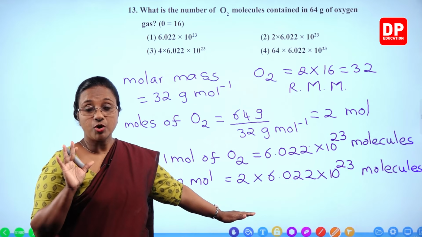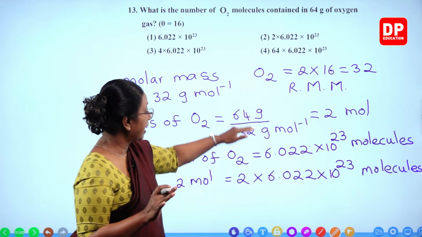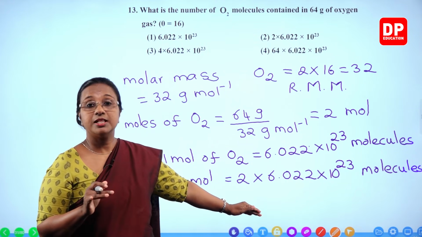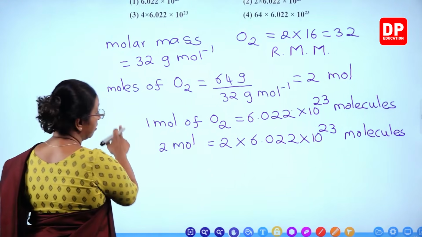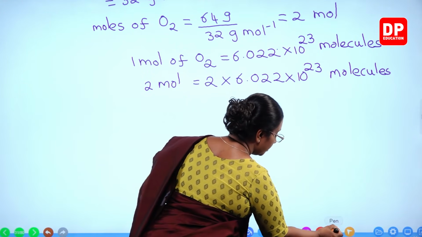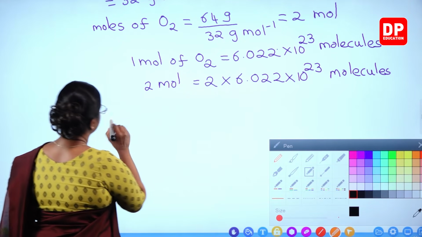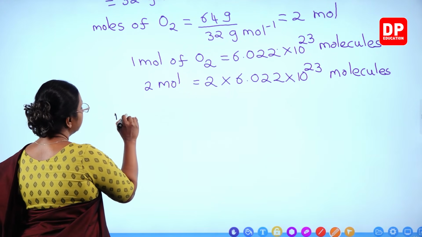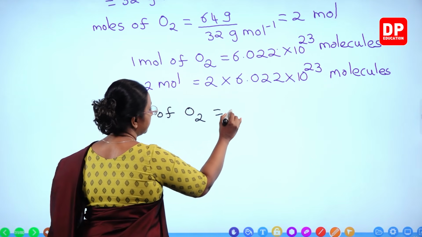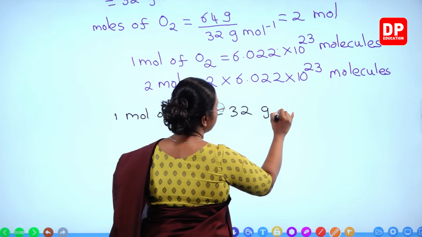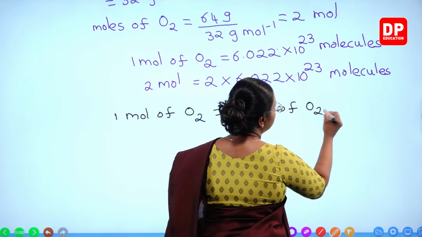If you are clear with the concept, you can do these 2 steps together also. How do we do that? I will show you all. So, 1 mole of O2 is equal to 32 grams of O2.